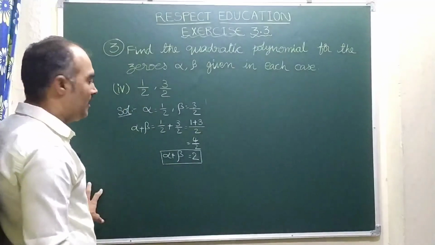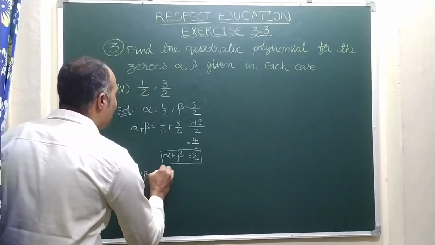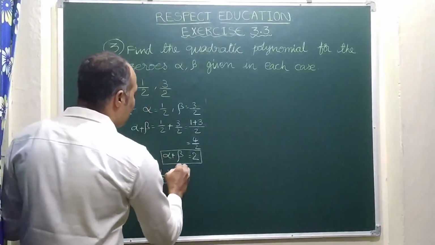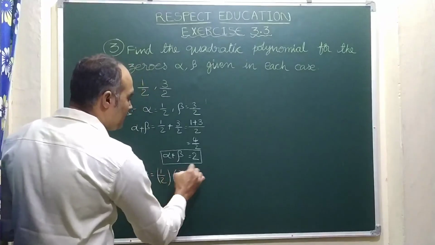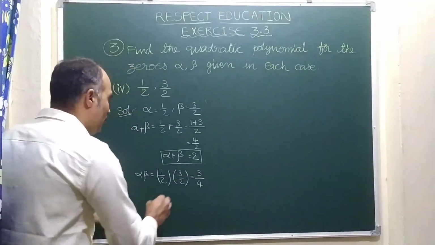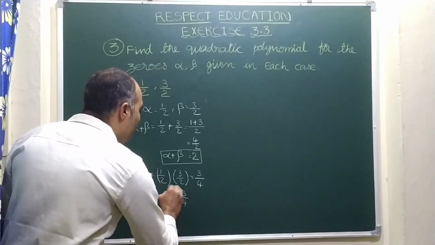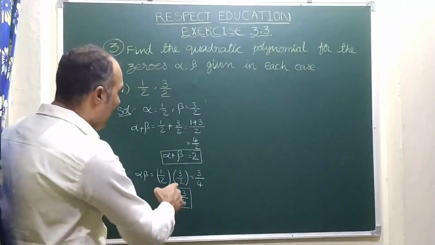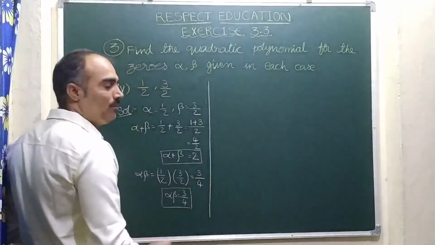Right? Now we find alpha into beta. Alpha is 1 by 2 into beta is 3 by 2. When you multiply, 1 into 3 is 3, by 2 into 2 is 4. So alpha into beta is 3 by 4. Now we have the values of sum of the zeros and product of the zeros. Now let us write the required polynomial.